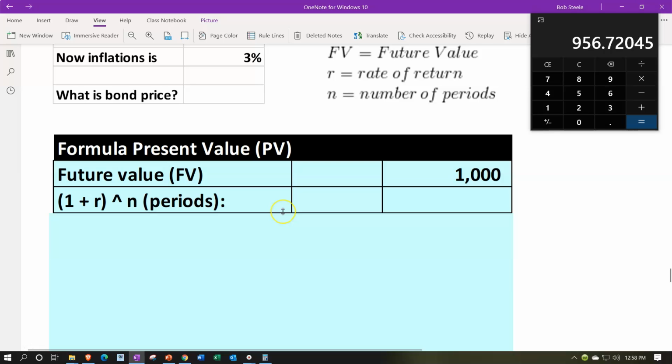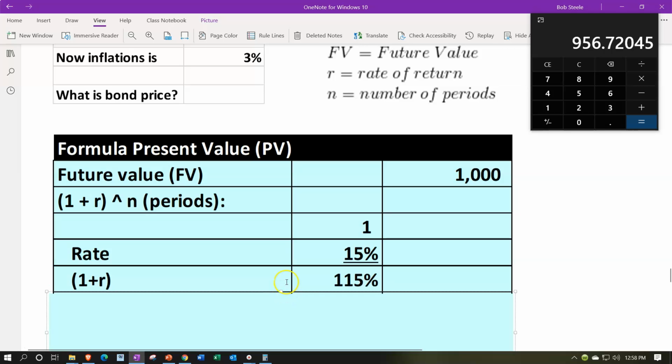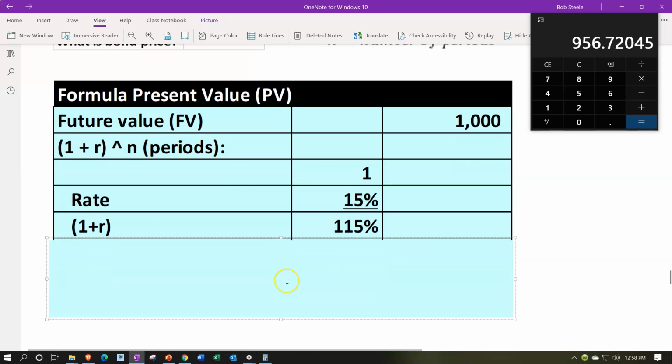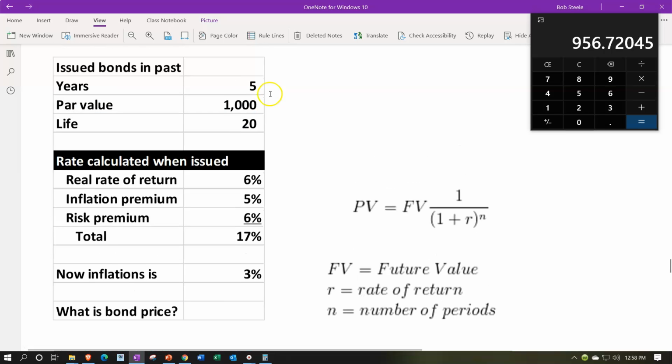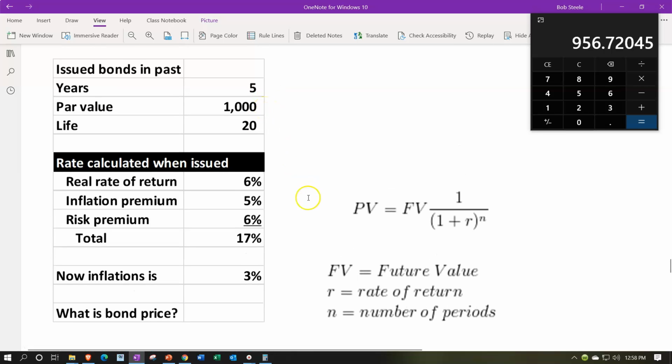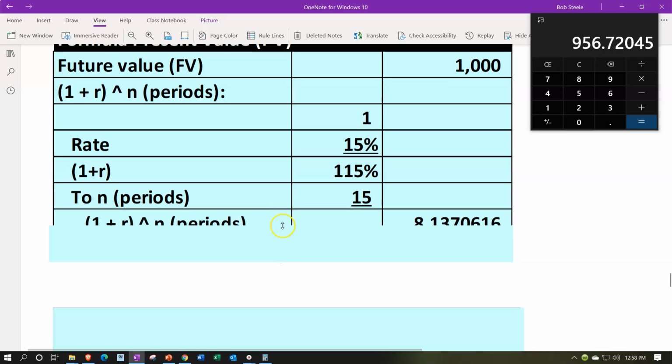We've got the 1,000. 1 plus R to the negative N is going to be 1, R, 15%. 1 plus 0.15 would be 1.15, or 115%. And then we'll take that to the power of N. The number of periods was 20, but now 5 years have passed. So 20 minus 5 is 15.